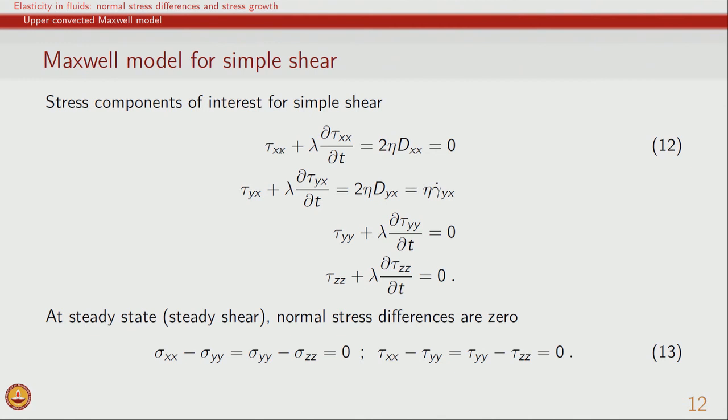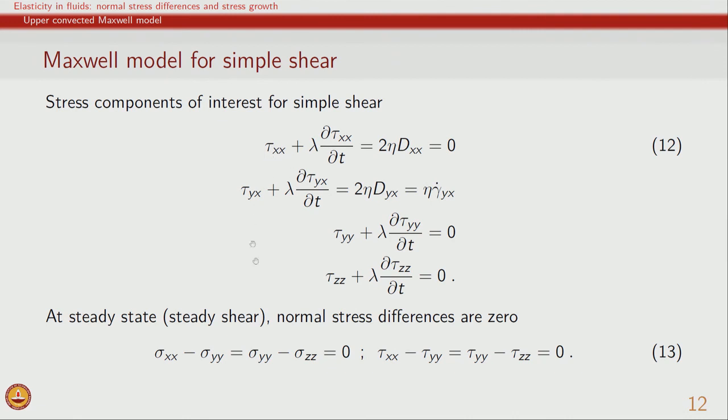Since we are looking at the xx component, we also have dxx, which is the strain rate component xx. And of course, we have seen earlier that dyx, which is the shear rate component, is related to just gamma dot yx. So, if we write down the governing equations, we have these 4 governing equations which need to be solved for us to look at the response of the Maxwell model in simple shear.